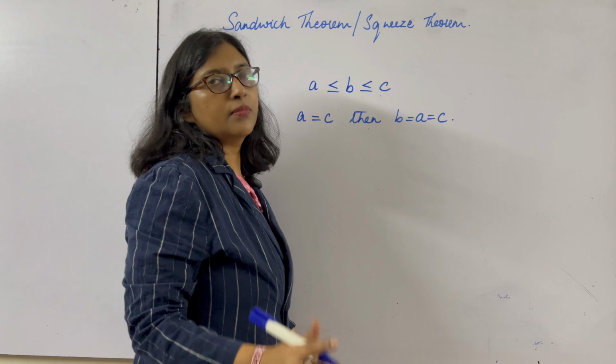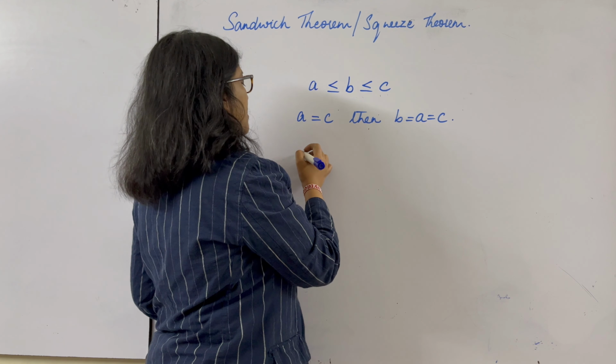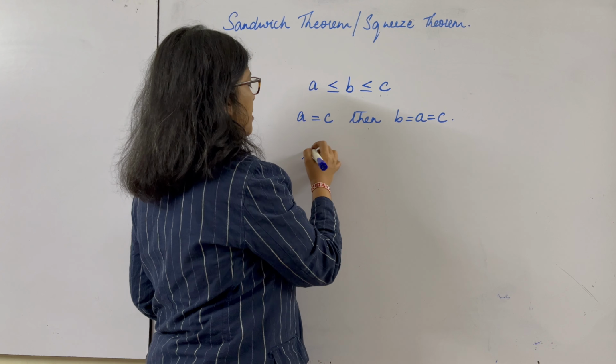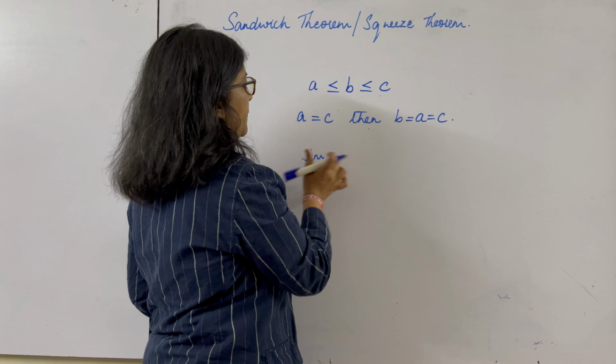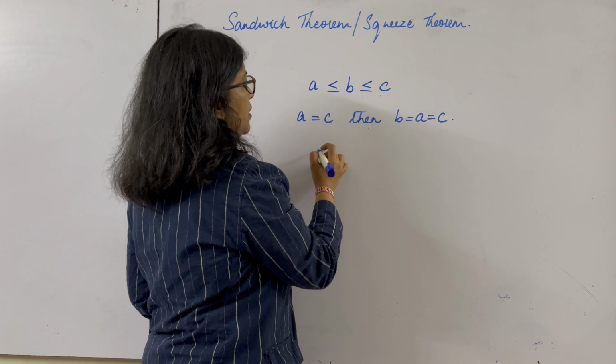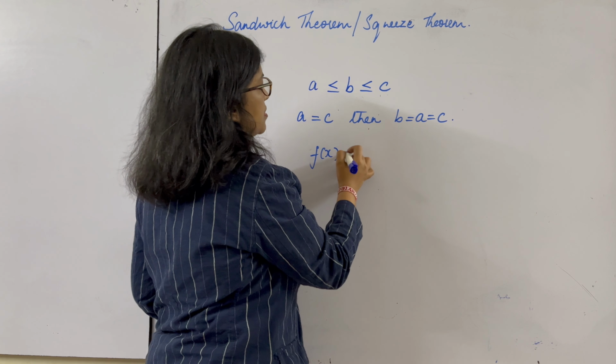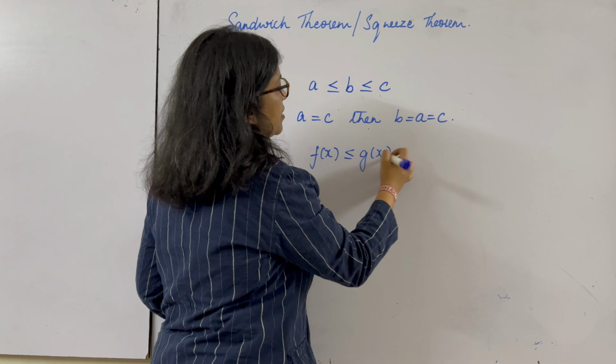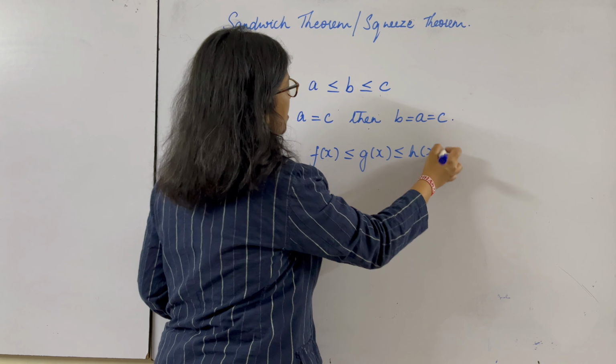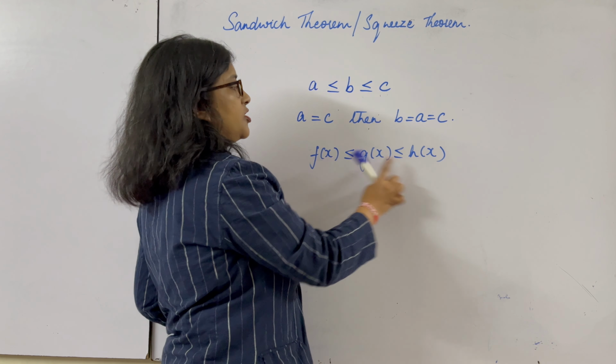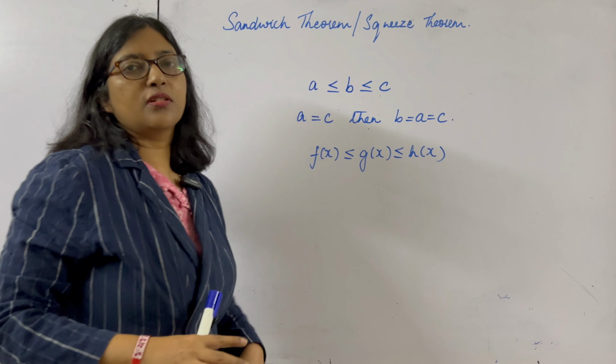The same result can be extended to limits, that is, if we have a function say g(x) which is sandwiched or squeezed in between two functions f(x) and h(x), that is why the name sandwich theorem or squeeze theorem.